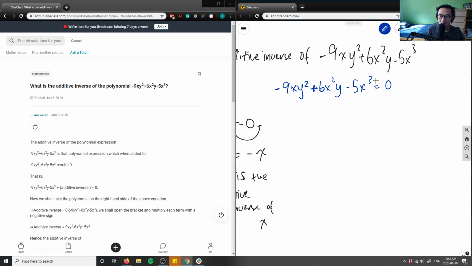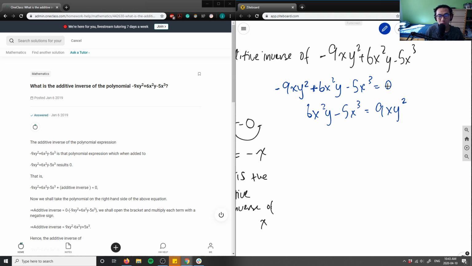So if I did that, this side would cancel out, so I would get 6x squared y minus 5x cubed, and this side I'm doing the opposite operation of this, so this would be plus 9xy squared. Or I can leave the plus here, but this is 9xy squared.